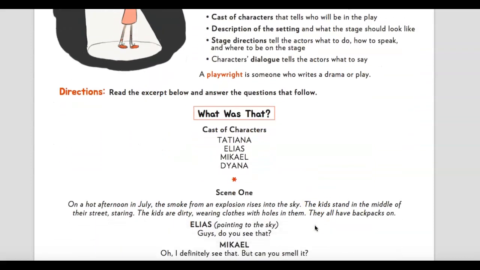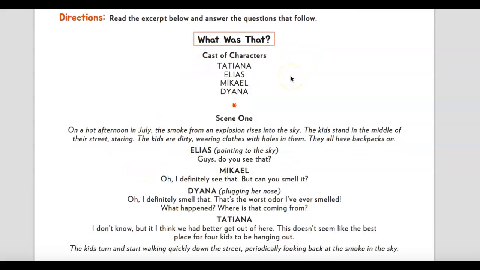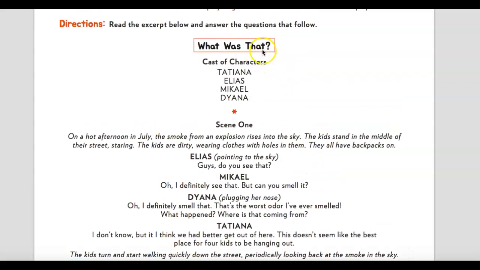All right, so let's take a look at our directions. It says, read the excerpt below and answer the questions that follow. All right, so this is a drama or play called "What Was That?" And here's your list of characters: Tatiana, Elias, Miguel, and Diana.